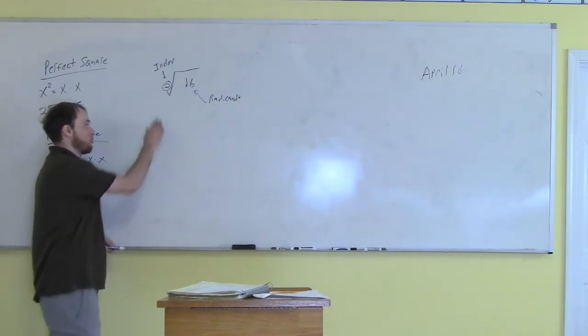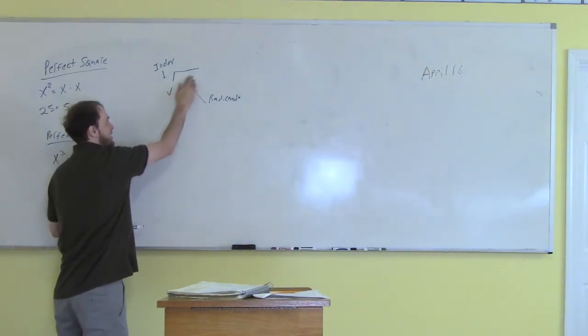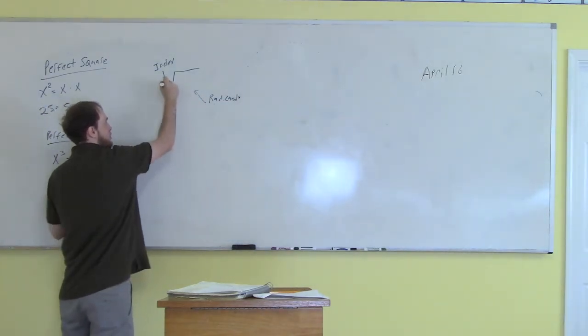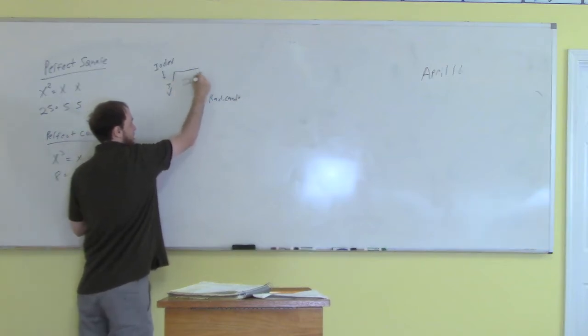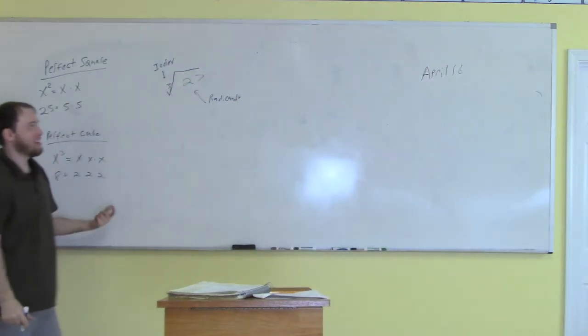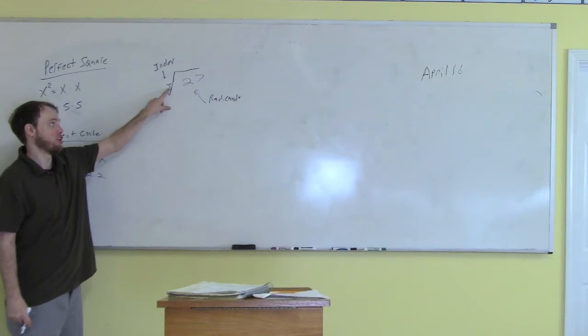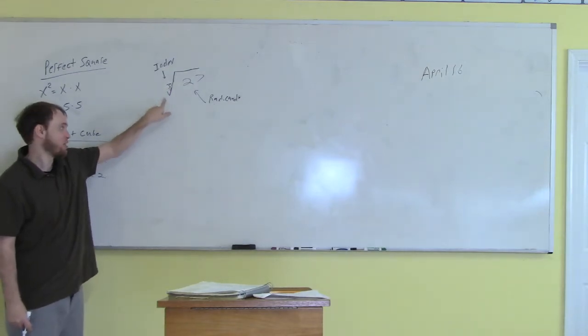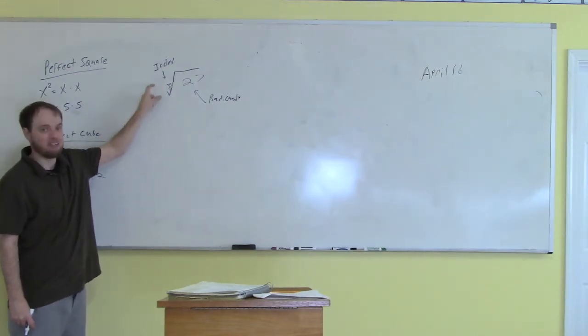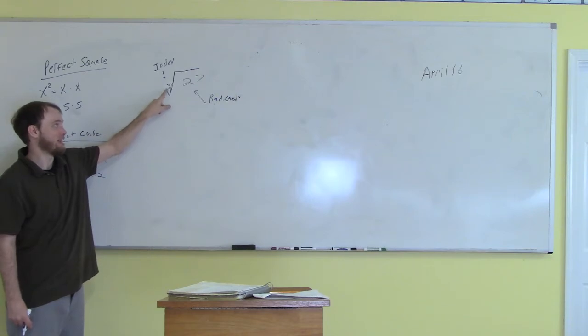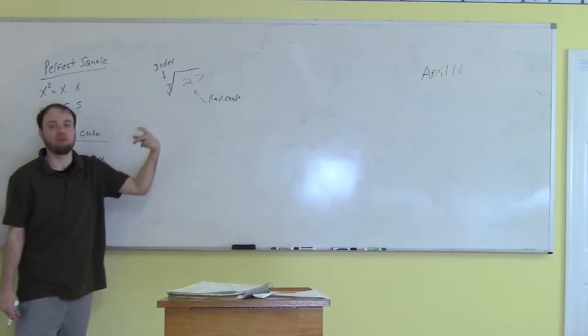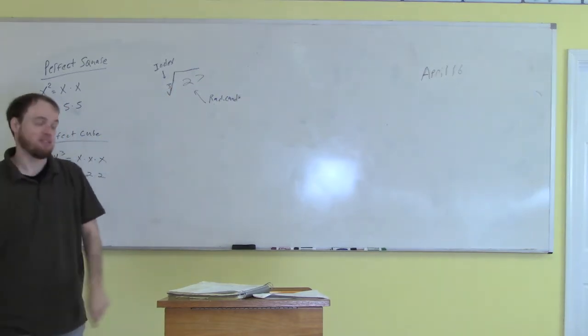For example, if I put a 3 here and put 27, now the index is 3, the number right there beside that little tick mark. The index is on the outside of the radical, and the radicand would be 27 in this case.